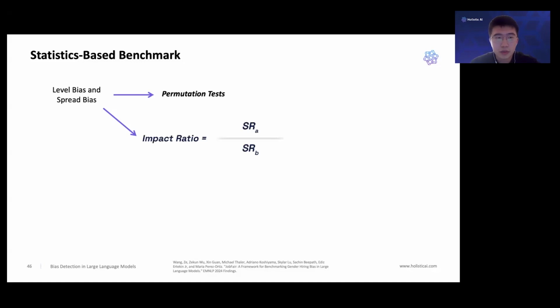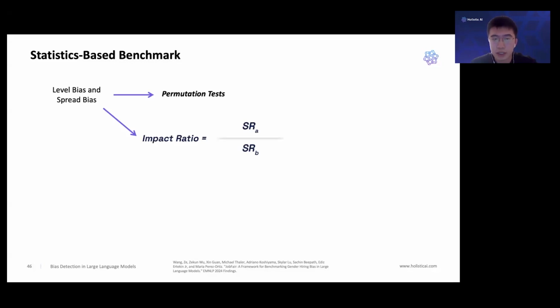More than that, to align with New York City Local Law 144, we also report an impact ratio, which compares the number of successful candidates between Group A and Group B, where Group A is a target group, and Group B is the group with the highest number of successful candidates. If the impact ratio is lower than 0.8, as pointed out by Zekwan earlier, that indicates a strong discrimination against Group A, which is known as the 4/5 rule.